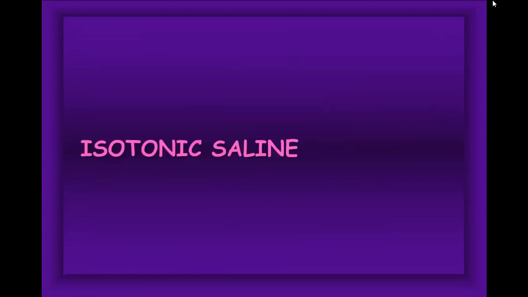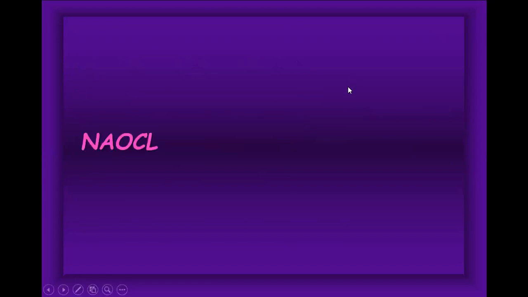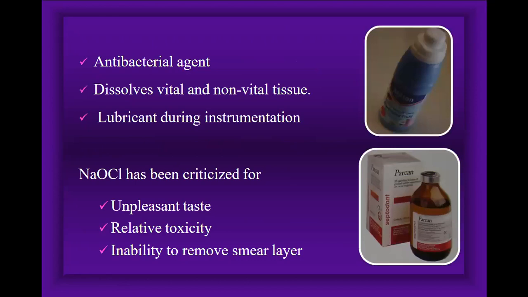So we'll be discussing isotonic saline. It provides gross debridement and lubrication, available in 1 liter intravenous container, too mild to thoroughly clean the canals, used in the cases of sodium hypochlorite accident. Sodium hypochlorite.